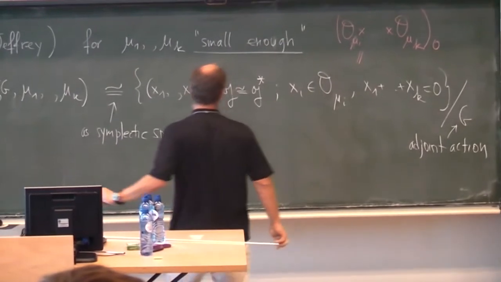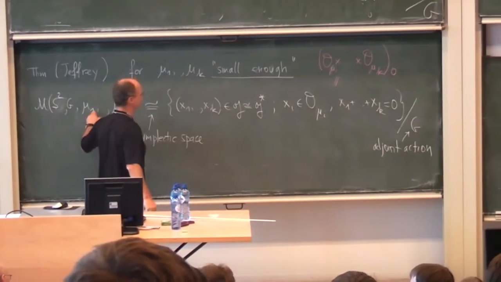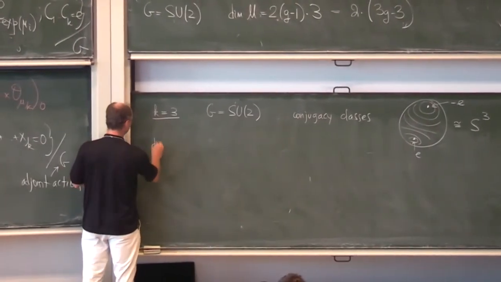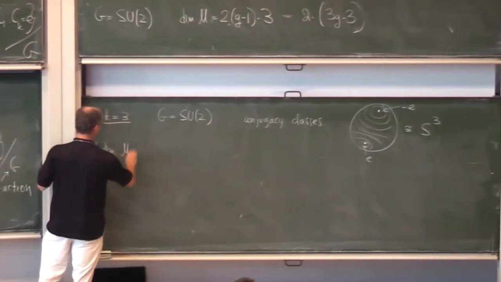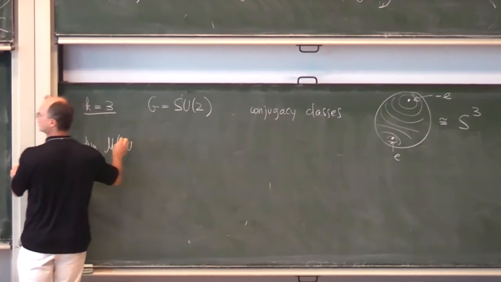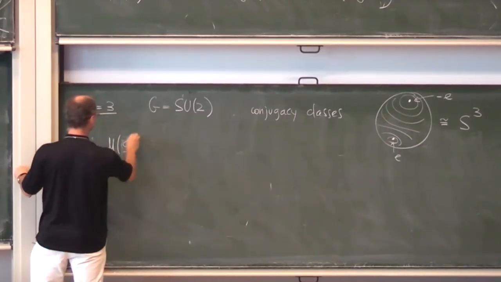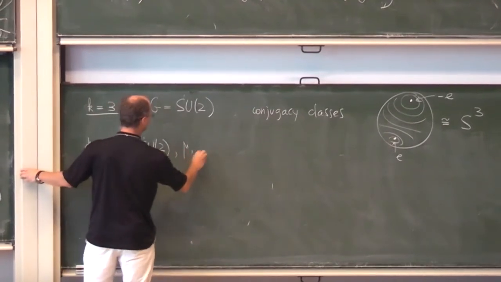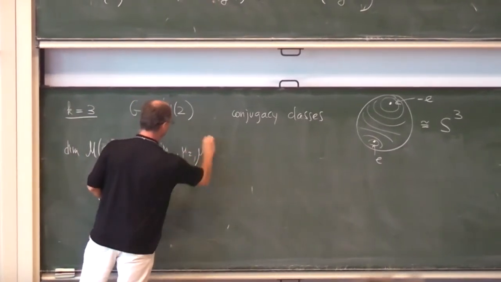Now let's make the dimension count for this space for the case of k equal to 3. So the dimension of M, the moduli space for the 2-sphere, SU(2), mu_1, mu_2, mu_3.